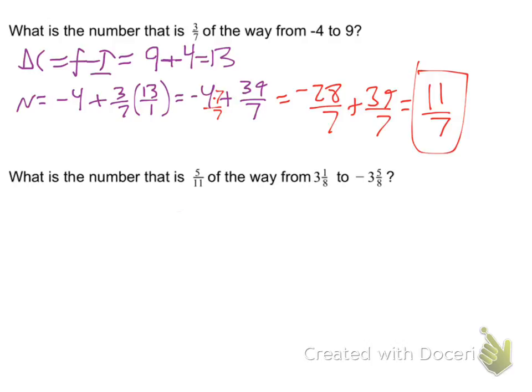Last one of this type. Find delta C. I'm going from 3 1/8 to negative 3 5/8. So that means my change will be negative because I'm going smaller. I don't like those, so let's convert those to improper fractions. How do I convert to improper fractions from mixed?